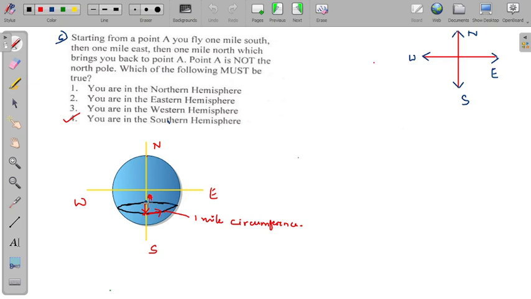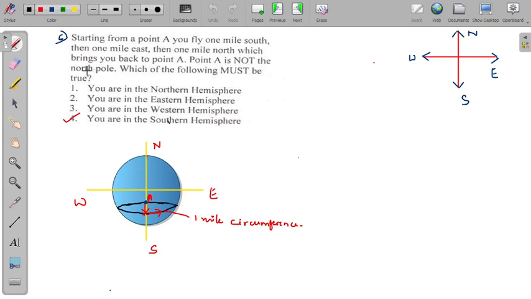So in which hemisphere are you? So definitely you are in the southern hemisphere. That satisfies. You can check the same thing in the eastern hemisphere or western hemisphere, but the same condition will be satisfied even if you take a point in the northern hemisphere. But they had given you that point A is not the North Pole, so you are not towards this point.